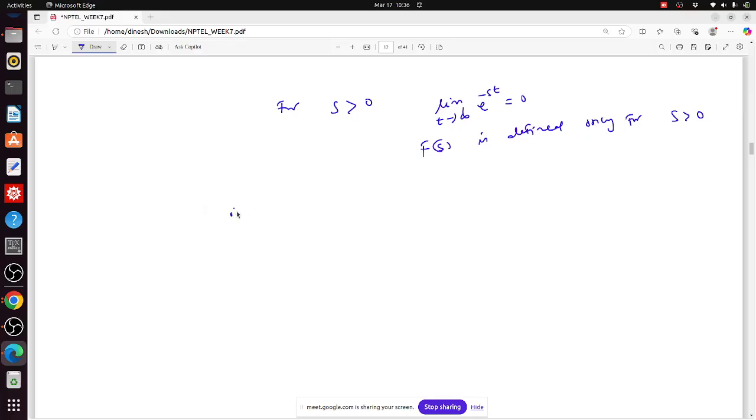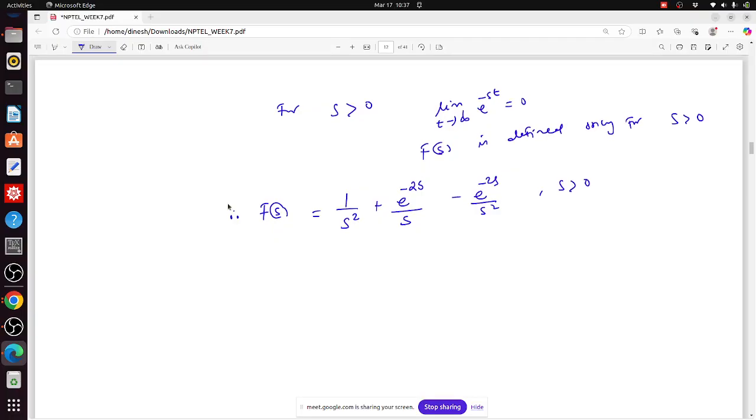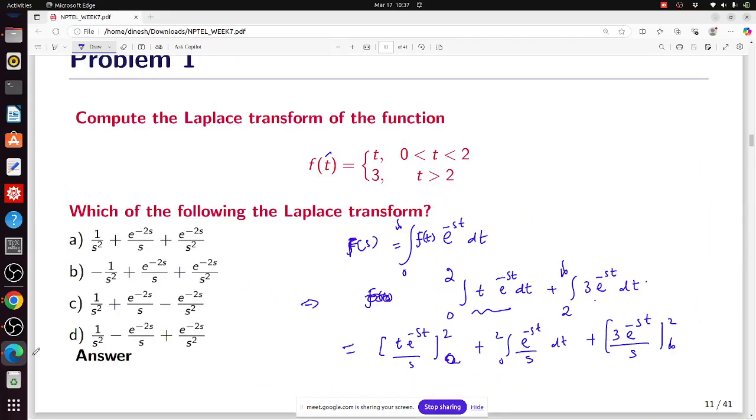Then after substituting the limits, you'll get F(s) is 1 by s squared plus e^(-2s) by s minus e^(-2s) by s squared, for s greater than 0. So you can see that option C is correct.